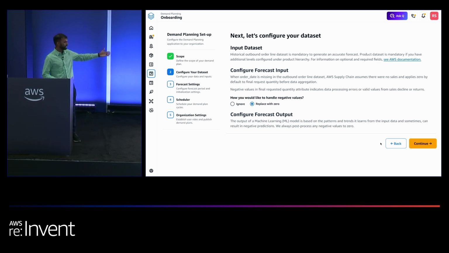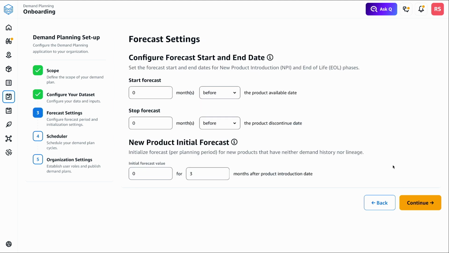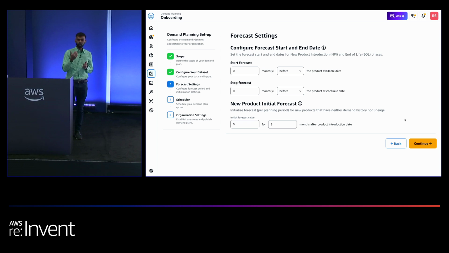Here we see an example of how the application treats negative values in your data set. You could either ask the application to ignore the value or to replace it with 0, which is what we will choose for our demonstration today. The key thing to keep in mind is that these inputs are set once by the planner in line with your business process, and it helps preset the planning from our application standpoint.